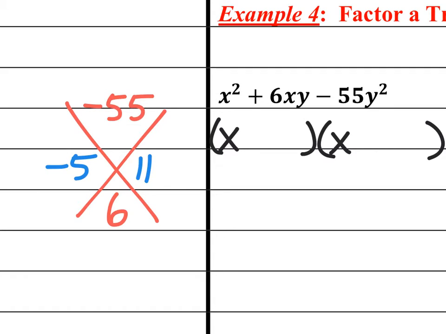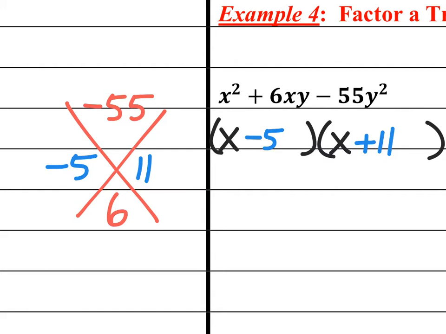That works. Now, let's go and put that in there. So minus 5 plus 11. As of right now, you could check it. Would these two binomials multiply to get you what you started with? Okay, then what could I add into those binomials to get it to multiply what we started with?